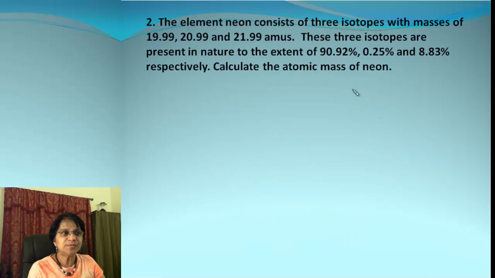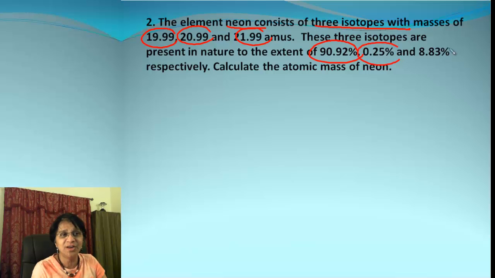Okay. In this problem, we have been given neon with 3 isotopes, and those are the masses for neon, and the percent abundance is given for each of those. Let's put that into a table. So we got neon 1, neon 2, and neon 3.